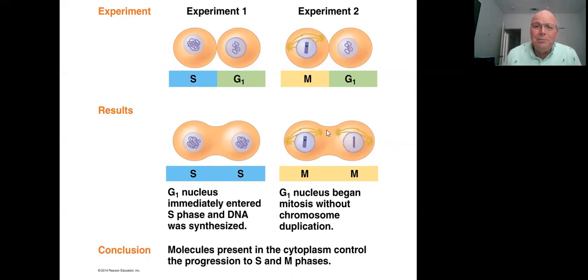That tells us that there must be some components in the cytoplasm, probably proteins, we now know that they are proteins by and large, that are very, very potent, very powerful. They can override the normal programming of a cell and change the way a cell progresses through the cell cycle. These are very, very powerful molecules, and we call them growth factors.